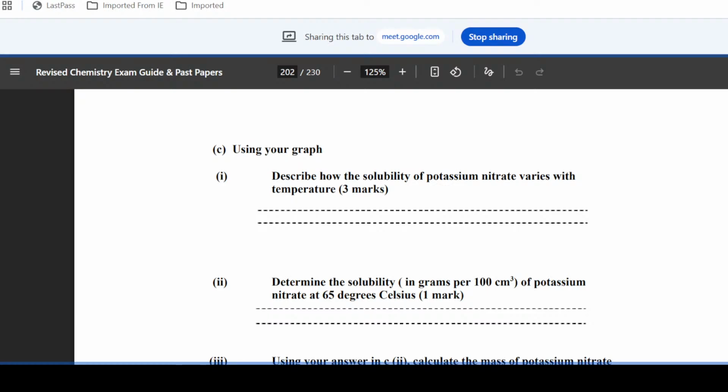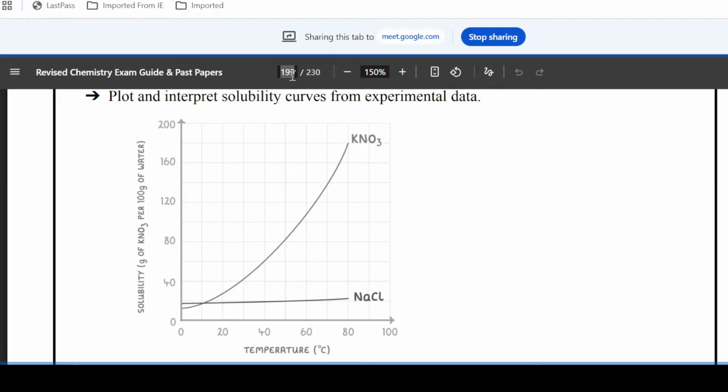So at 65, 110. Yeah, so it looks like about 120. So we can use that. All right, so 120 grams per 100 grams of water or cm³ of water.